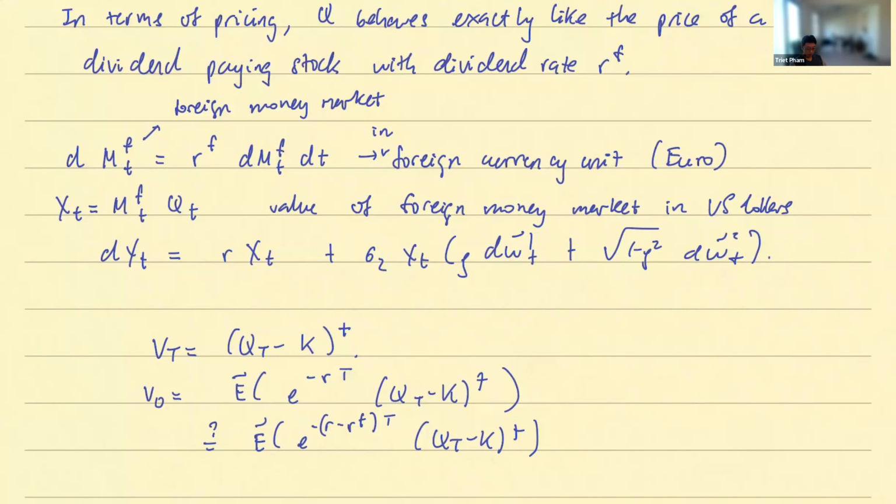You understand the question? This is a call option on the exchange rate in the future with strike K. Like, you can buy, I don't know, one euro with K dollars in the future. That's all it says. We want to find the price of that option right now.